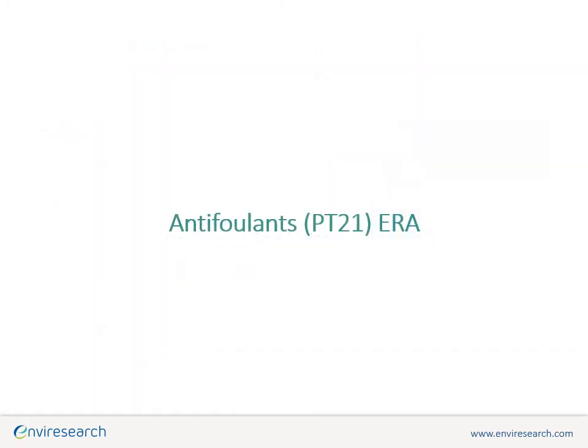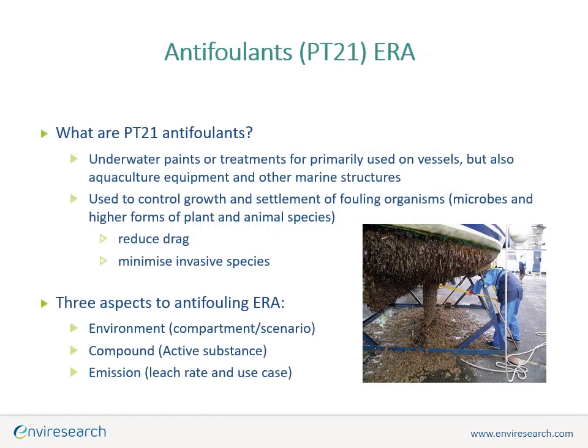So let's move on now to antifoulants, which are product type 21. For those of you that aren't familiar with them, product type 21 are for antifouling products. These are underwater paints or treatments primarily used on vessels, but can also be used on aquaculture equipment and other marine structures.